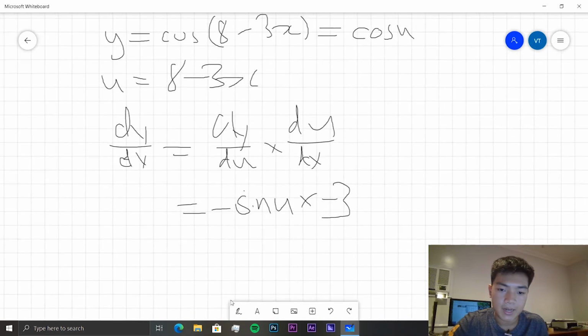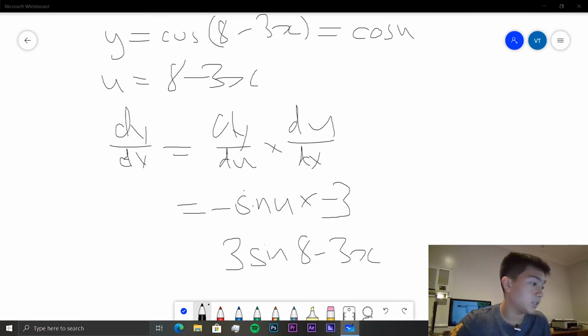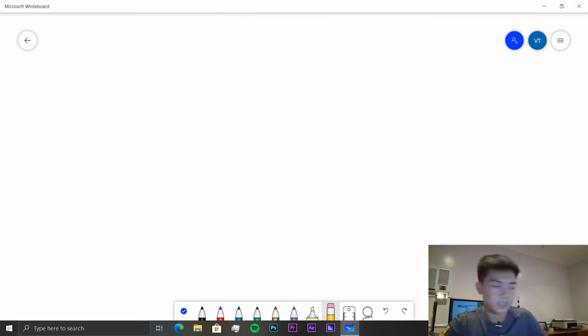So we actually have 3 sine of 8 minus 3x. So this is the new equation, except the book has made an error for some reason. For some reason they haven't differentiated it properly.